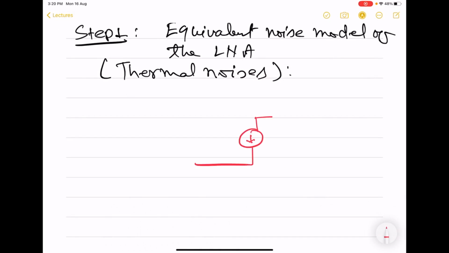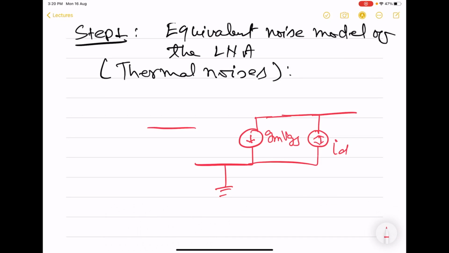So here is our MOS, and this is the noise current source due to the channel noise. Then we have two resistors, R1 and RS.